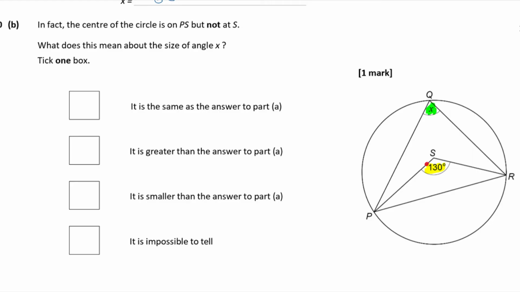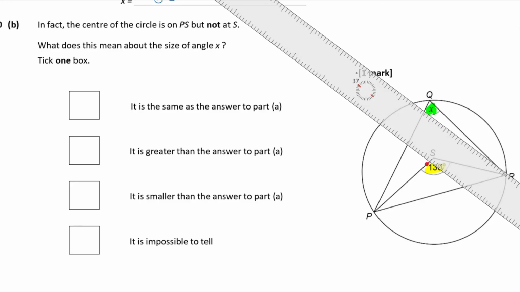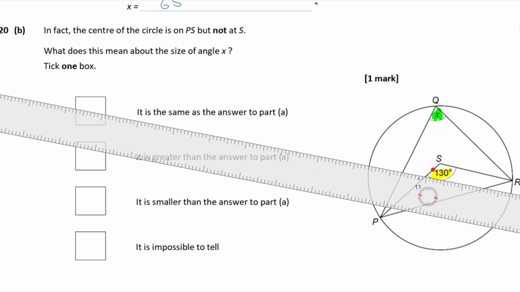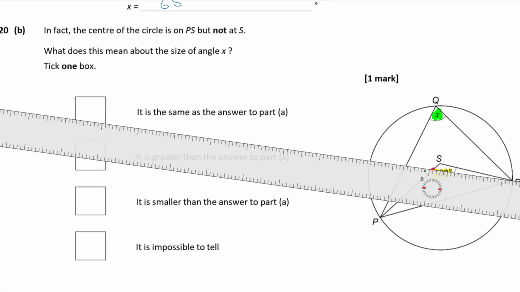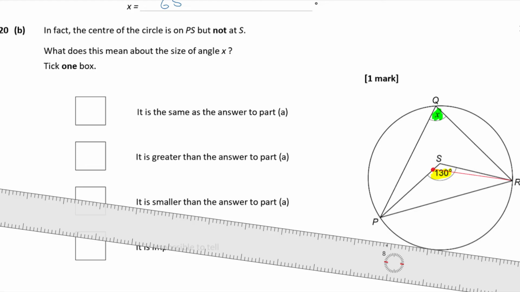Okay, so let's just add another line in and see what we think. Is this angle here between our new center and there bigger or smaller than 130? Now I would argue that it's bigger. The reason for that is that this angle is staying the same because P and R are not moving.